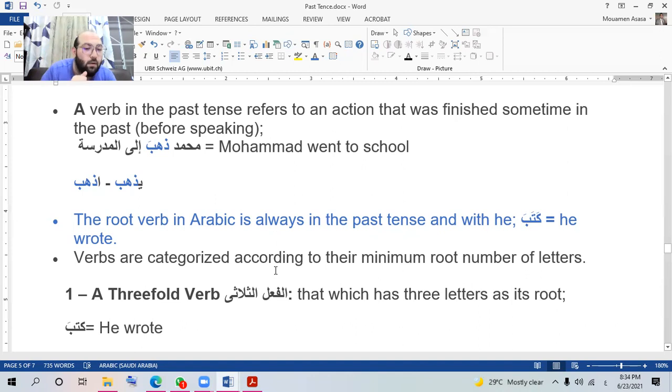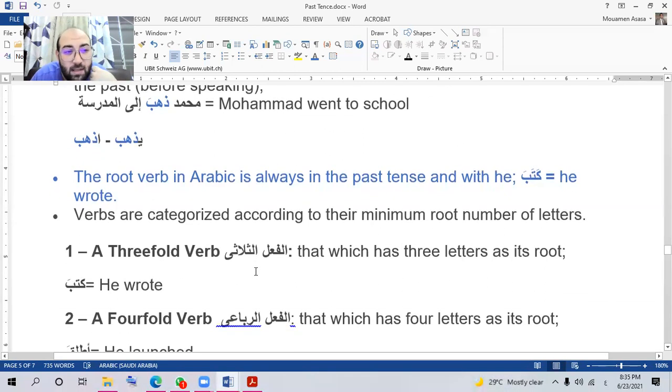We have 3-fold, 4-fold, 5-fold and 6-fold. Some of you will ask me, do we have 7 letters? No. Do we have 2 letters in the past? I'm talking about roots. No. In roots, we have only 4 categories: 3, 4, 5 and 6 letters. The 3 and 4 are the origin. The 5 and 6 have letters added to the origin that give another meaning.